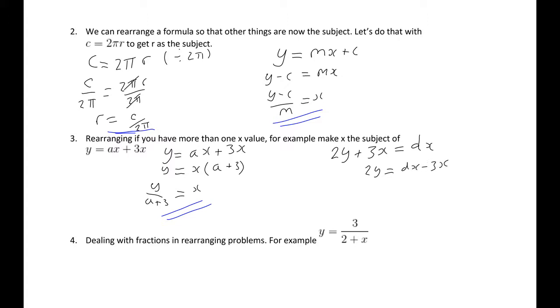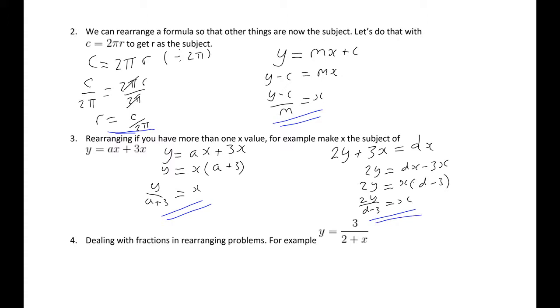Now, one side's got only terms times by x, the other side's got only terms that don't have x. In the side that has the terms times by x, I'm going to factorize x out, x times d minus 3, that still equals 2y. Then I'm going to divide by d minus 3 to get x on its own. 2y over d minus 3 equals x.